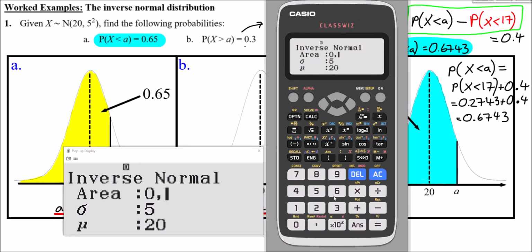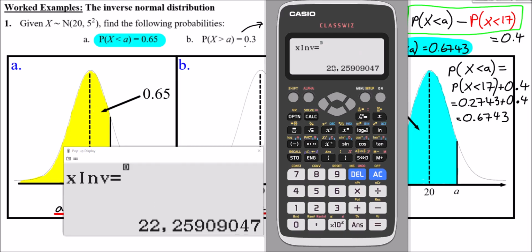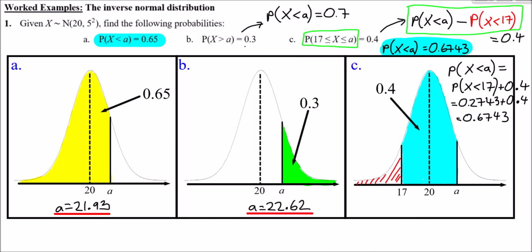I type in 0.6743, press equals and equals again, these parameters haven't changed. I get 22.26. So my value of A this time is 22.26.